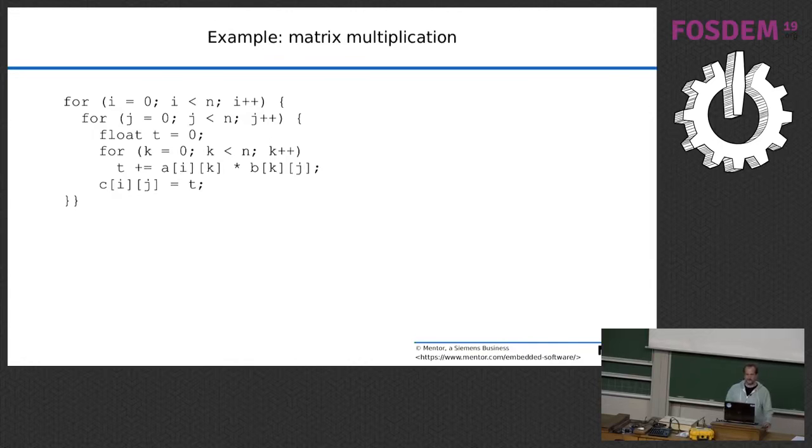So one quick example: matrix multiplication. You may have seen that before, and of course, that's just a simple example. So that's your original serial code, which works, which has been tested for decades. Then you have several compute constructs available in OpenACC.